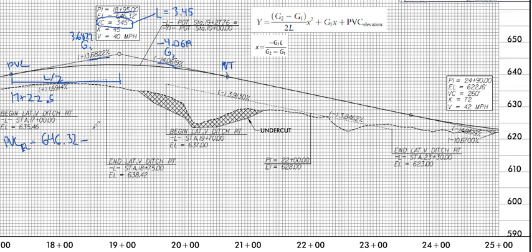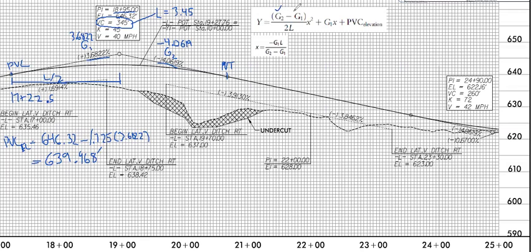I'm going to put this in terms of stations. As I just said, 3.45 divided by 2 is 1.725, multiplied by that slope, 3.6822. And we're going to get an elevation for our PVC of 639.968 feet. So that's the elevation of our PVC. That's what we're going to put into our parabolic equation.